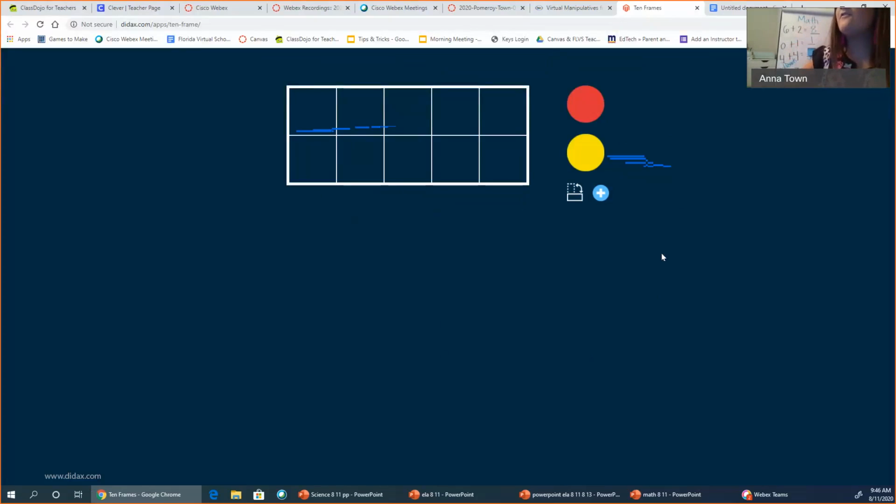So I'm going to take 4 red counters and place them in our 10 frame. Now that I have done that, I'm going to go to my second add-in. I'm going to switch my counter color because it's the second add-in, and I am going to place them in our 10 frame. 1, 2, 3, 4.